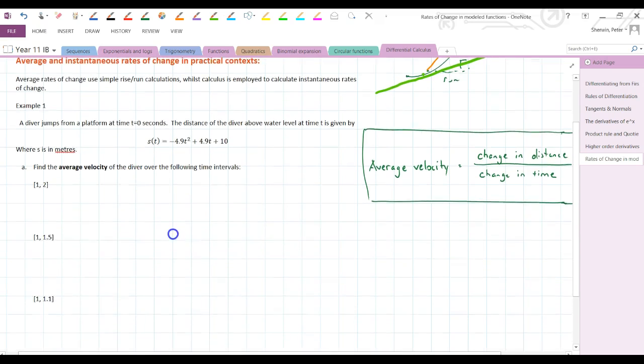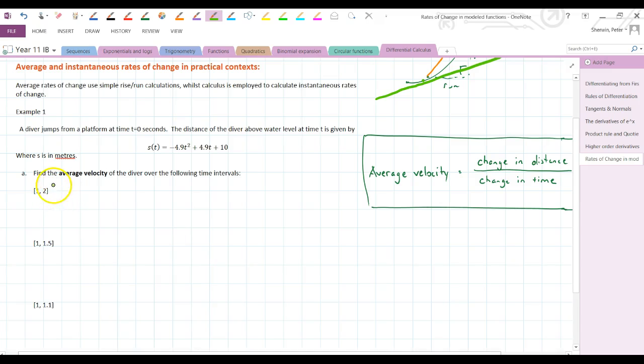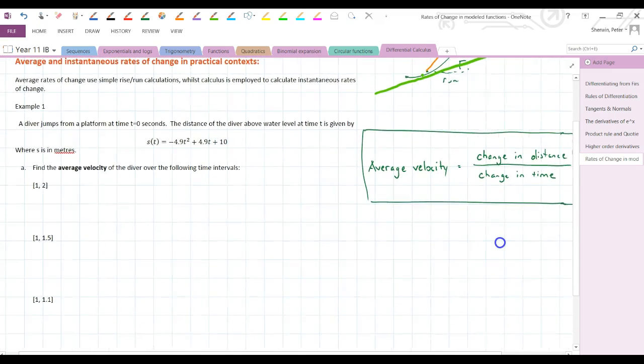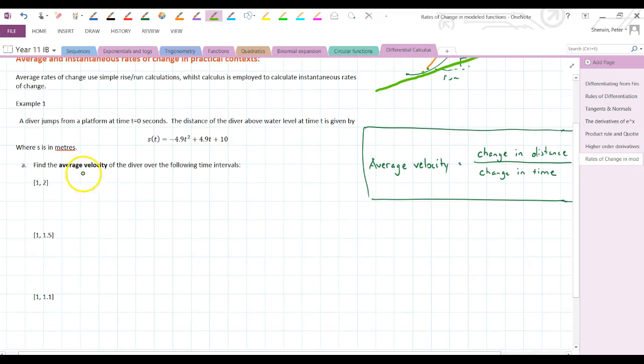So what we're going to do is develop a few calculations here and see what's going on. Over the following time interval, from 1 second to 2 seconds, the average velocity. So let's have a look at what average velocity is and how it's calculated. It's the change in distance over the change in time. Makes sense? So let's find out where the diver is at 1 second, where he is after 2 seconds, and then divide by the change in time, which would just be 1 second here.